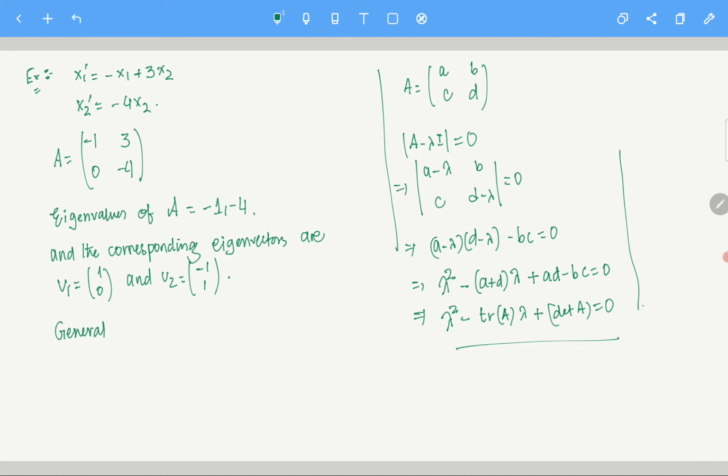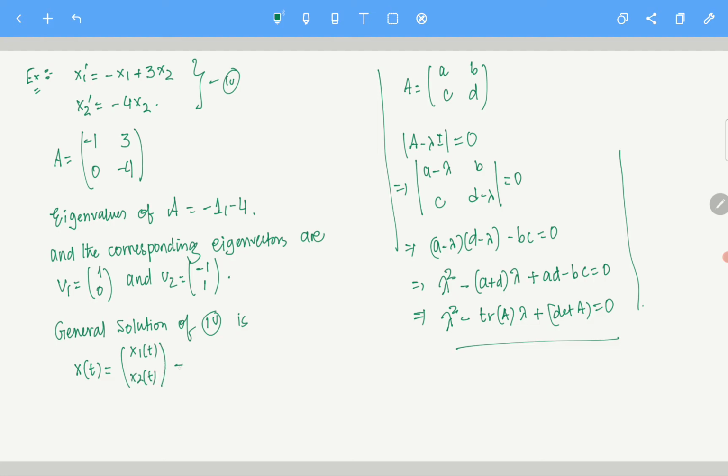So the general solution of, let's say, that's your (4), x of t, which is given by x1 of t, x2 of t.